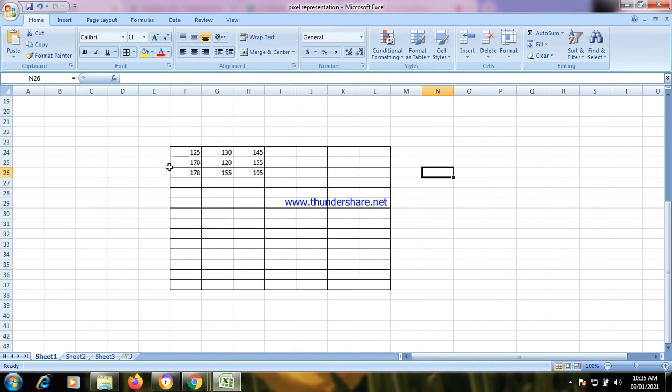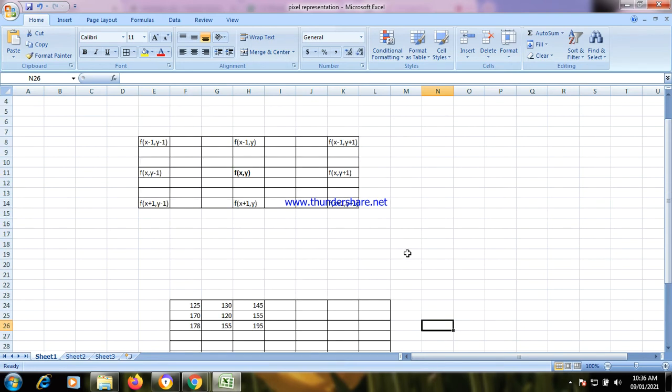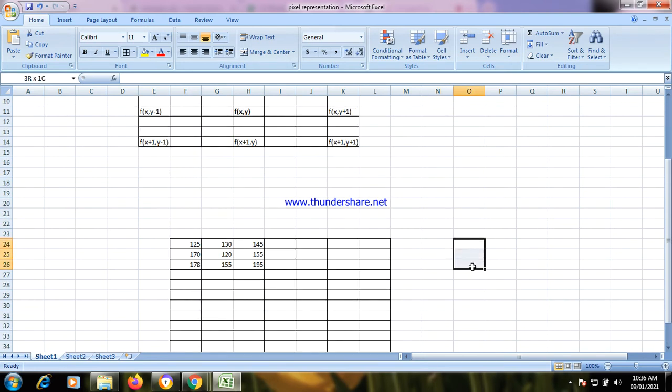Say this is the whole image, and now I'll put this 3x3 mask.